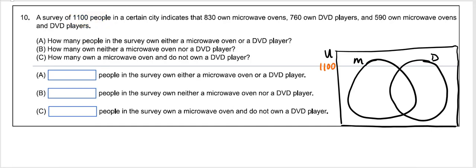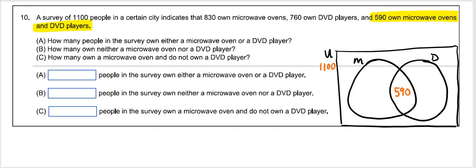All right, 830 own a microwave, 760 own a DVD player, 590 own microwaves and DVD players. So that's in here. They own both. Okay, so that was the number, what did we say, 590? Were we asked that here? Nope, we were not asked both.